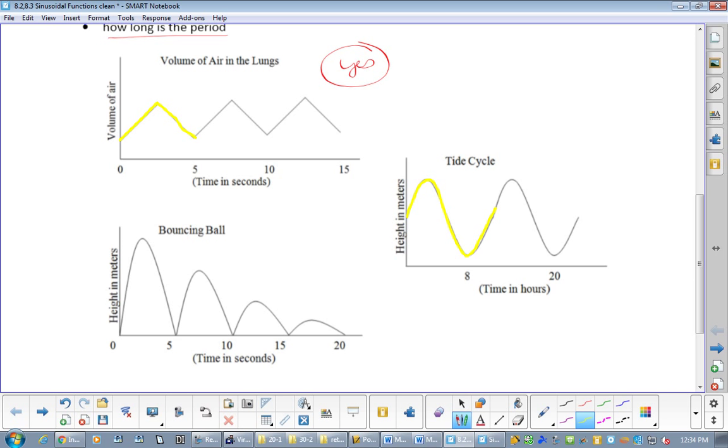Okay, so I guess we should have said yes, this is periodic, and that would be the period. So from here to here would be one period. Does everybody see this? Do you see how it's repeating? And then how it repeats again? Okay, there's a very good indication that that's the period.